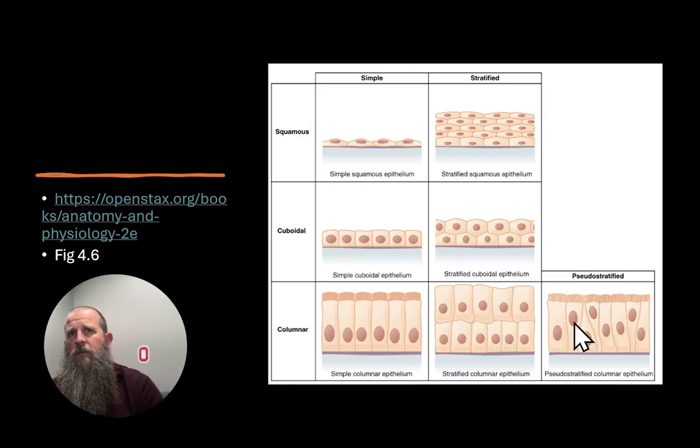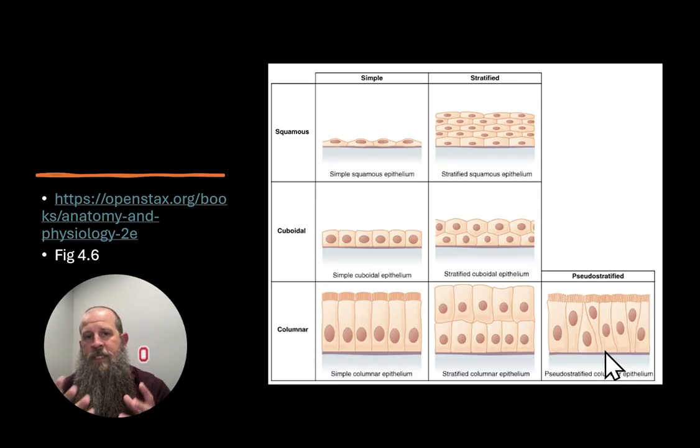Okay, now down here what we have is our pseudostratified epithelium. So notice, if I draw a line from like here to here, I pass through two cells, and it looks like these nuclei are on top of one another, but what you can see is that this cell here touches the basement membrane, and so does this one.